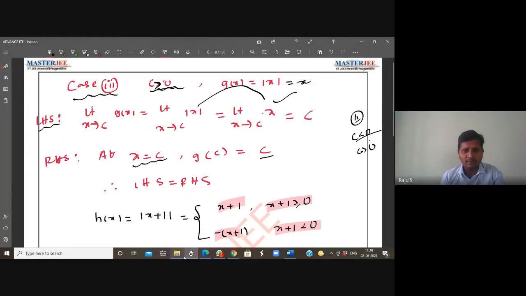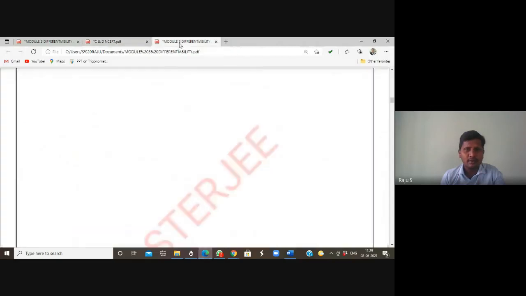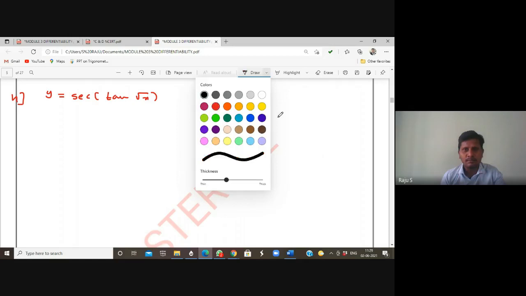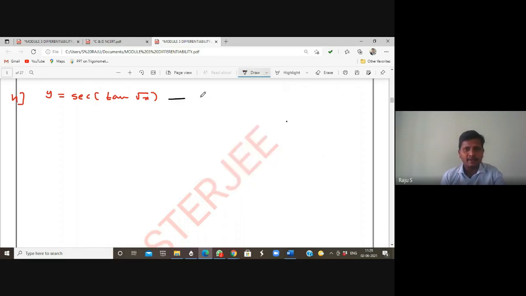Secant of tan of root x. y is equal to secant of tan of root x. Okay, students, this is the function. Now coming to the solution, let us take this as equation 1.